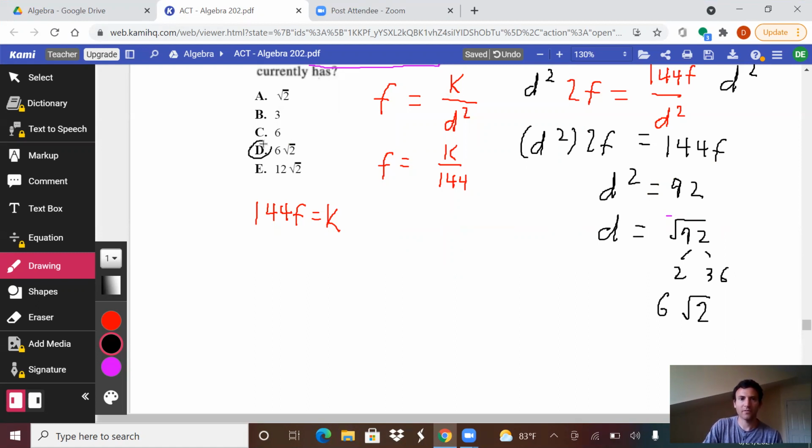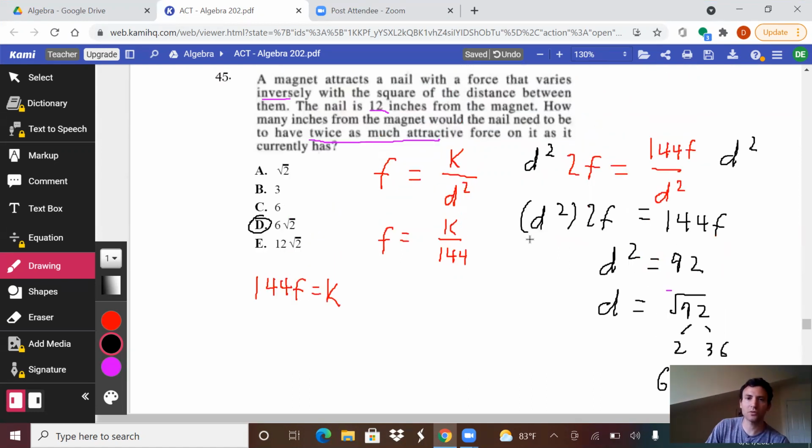Okay. Another way to think about it is when you get to this step, you'd say, okay, we need to have twice as much attractive force. So if we need twice as much attractive force, that means we don't want to divide by 144. We want to divide by half of 144, 72. If we divide by half of what we're dividing by, then our output for F will double.